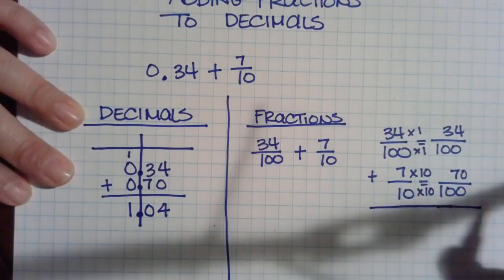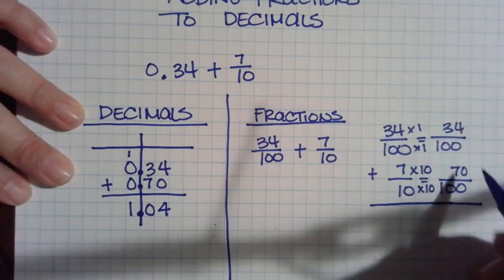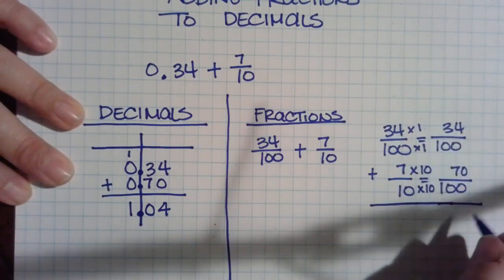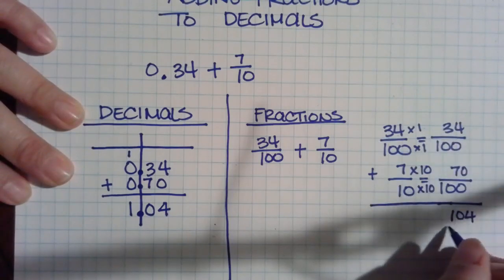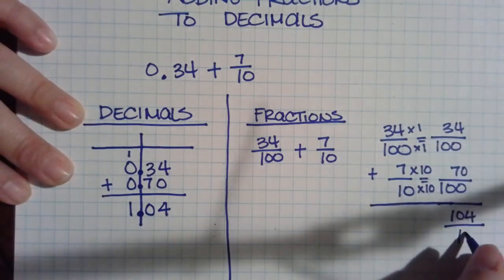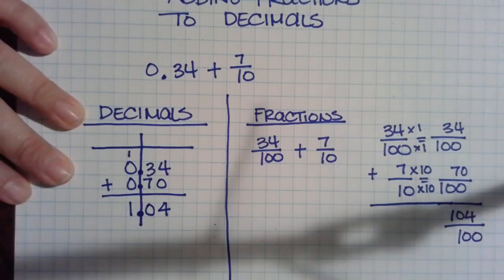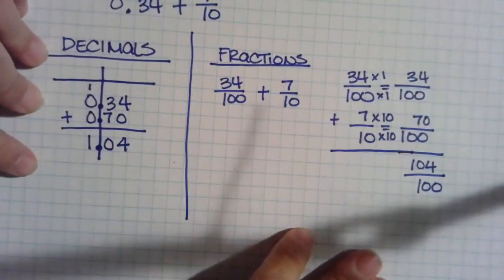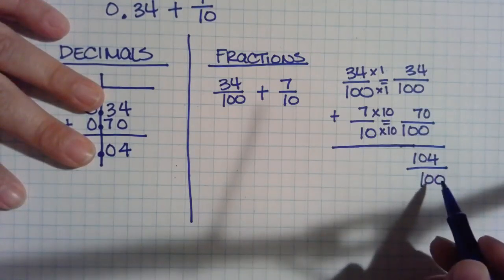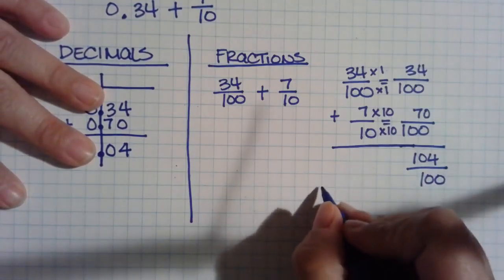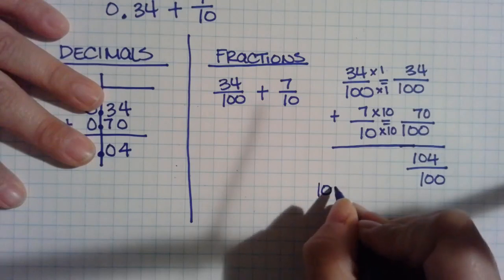Okay, now I add those up, and I have 4 plus 0, that's 4. And then 7 plus 3, that's 10. So that's 104, and then my denominator is 100. Okay, now we know that that is an improper fraction, so what I'm going to do is divide to see what mixed number I can make out of that.